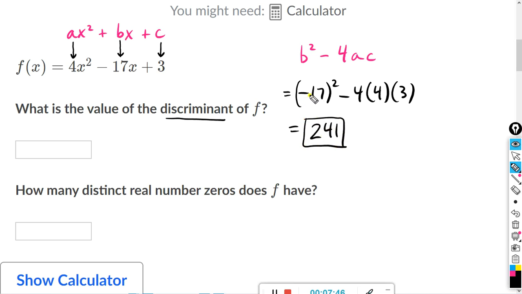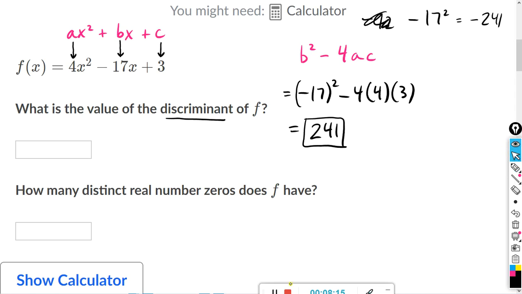So make sure when you do the negative 17 squared on the calculator, you use parentheses. Because negative 17 squared, the calculator keeps the negative and just squares the 17. I made a little mistake here.